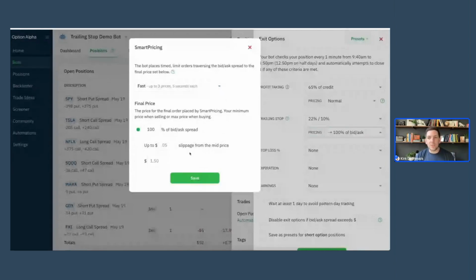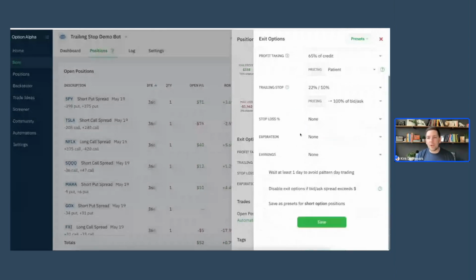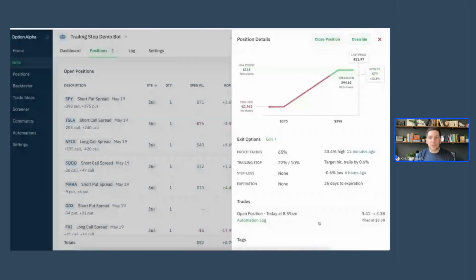But when you're taking profits, you might want patient, smart pricing, because if you've got a big, healthy profit, maybe you want to take as much premium as possible. You can always set exactly under what scenarios those orders go to your broker. So let's go ahead and save here, and it's going to immediately start trailing that. You see here that our high was 23, which was over our target.